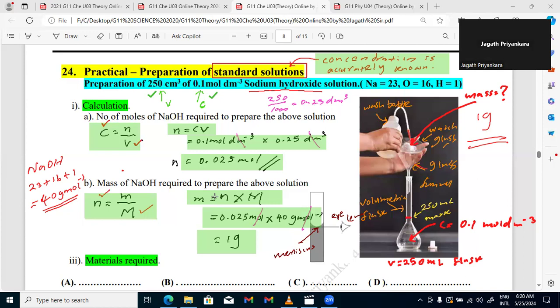If you have not transferred the 1 gram completely to the flask, then what will happen? Calculation correct, you have measured 1 gram accurately, but you have not transferred it completely to the flask. Sometimes when you're in a hurry, some crystals might go out of the flask or spill.